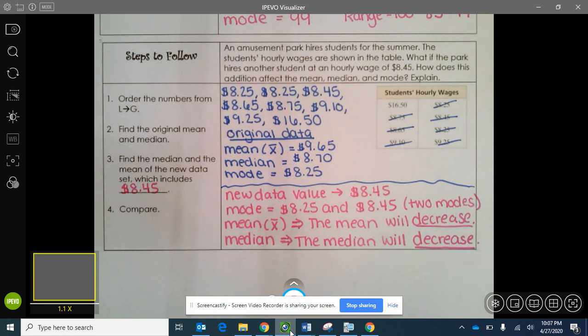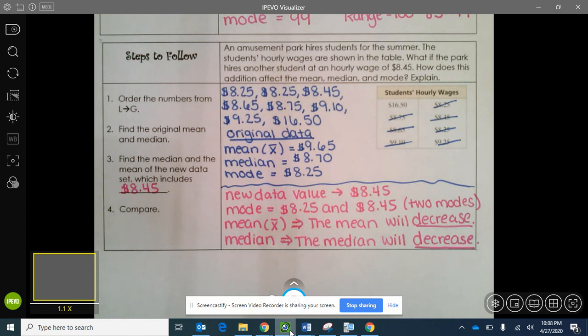If the new data value is smaller than the original mean, then it's going to decrease that original mean. Same thing goes for the median. If that new data value is larger than the original median, it's going to increase the median. If that new data value is smaller than the original median, then it's going to decrease that median.